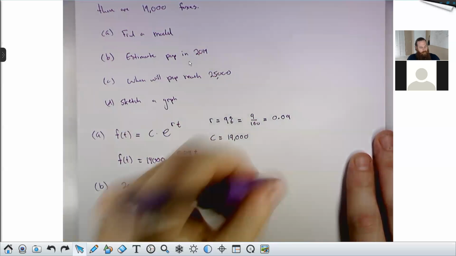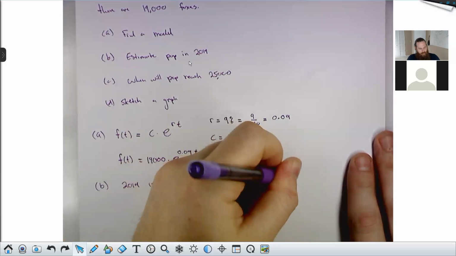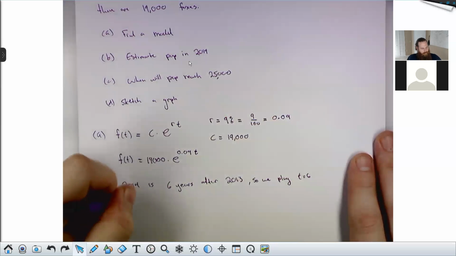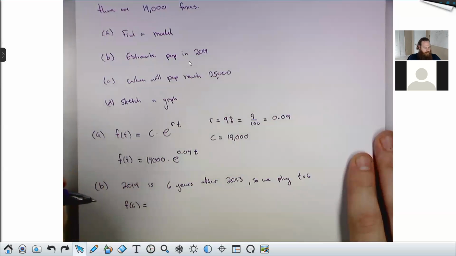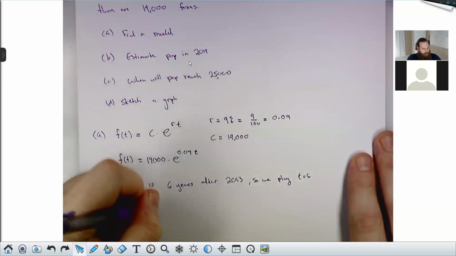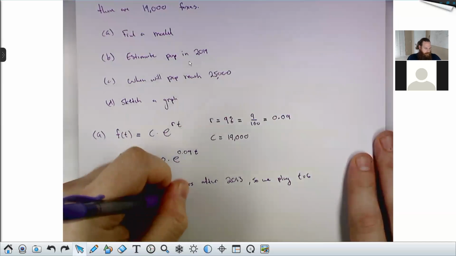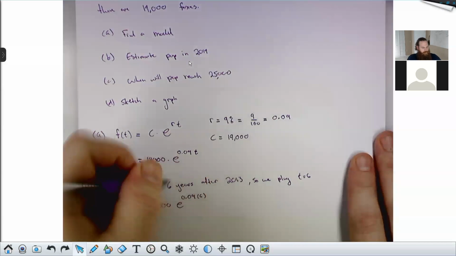So we plug t equals 6. F of 6 should be the population in 2019. That's 19,000 times e to the 0.09 times 6.